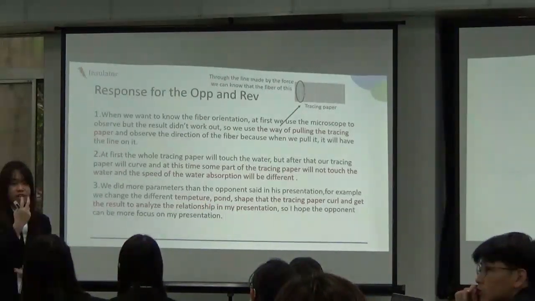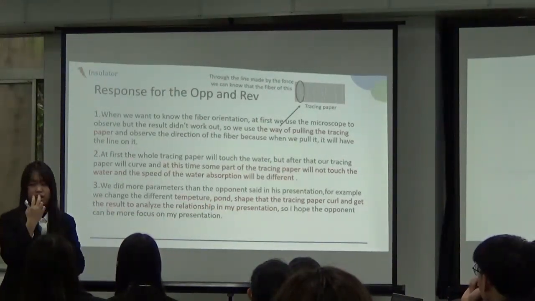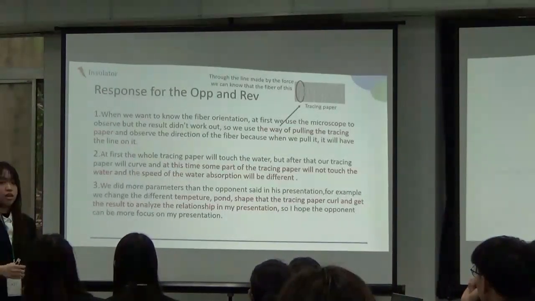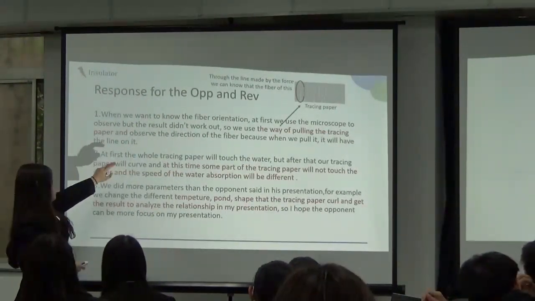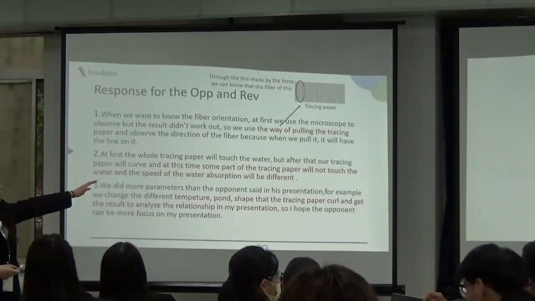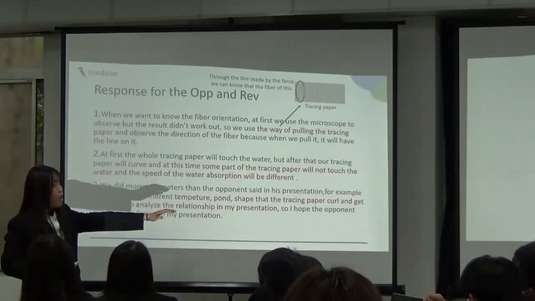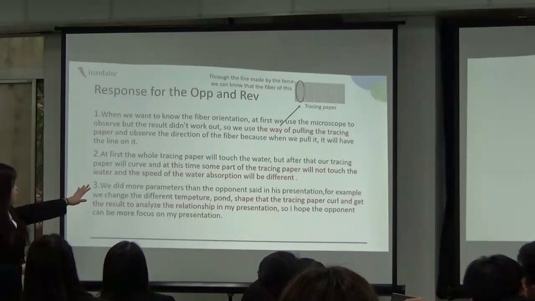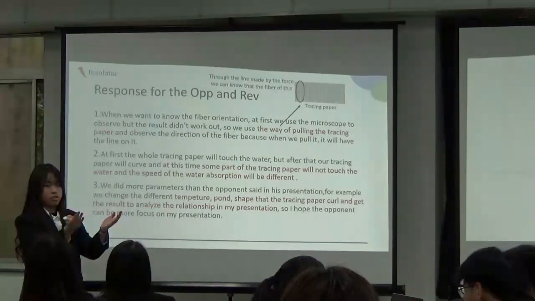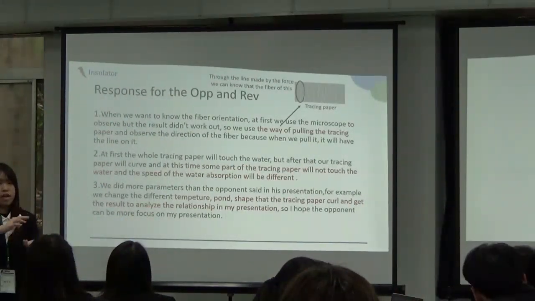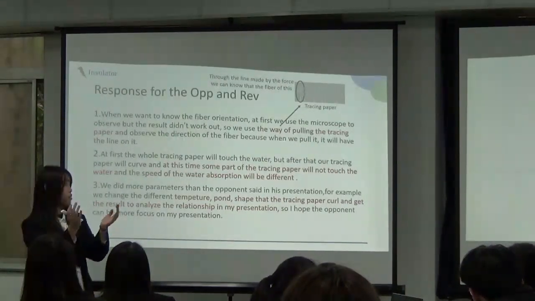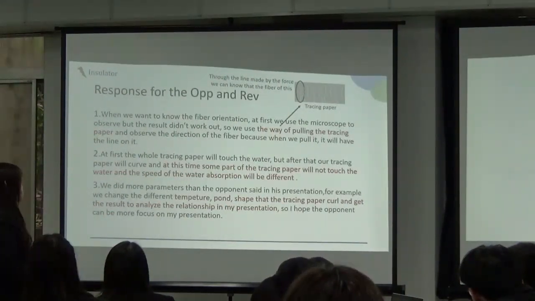And actually, we can use our eyes to observe it. The second point is that at first the whole tracing paper will touch the water, but afterwards the tracing paper will curve, and at this time some parts of the tracing paper won't touch the water, so the speed of the curling process will be slower.